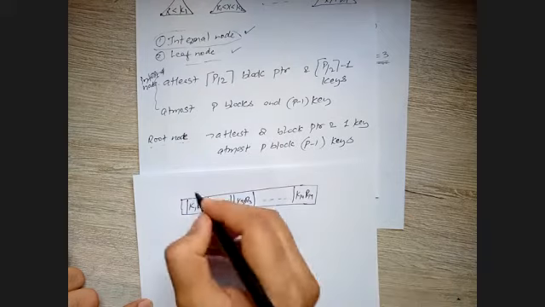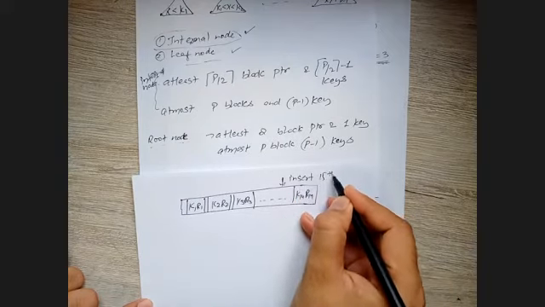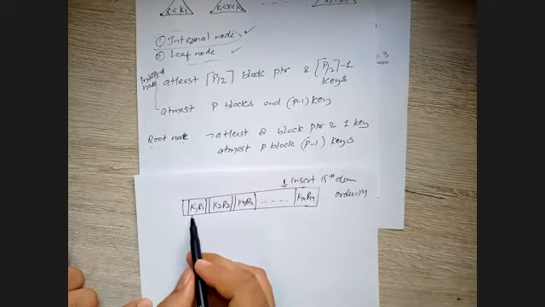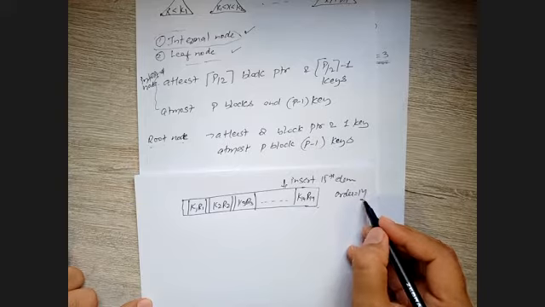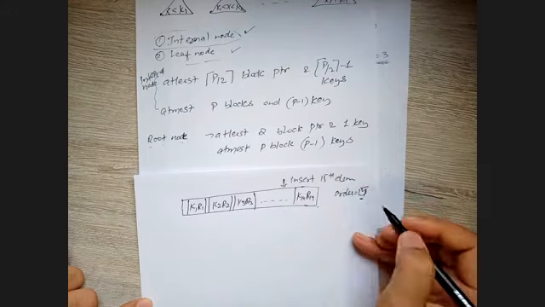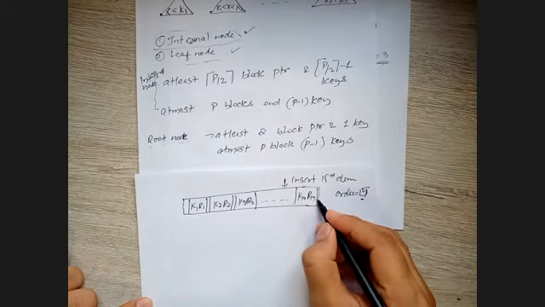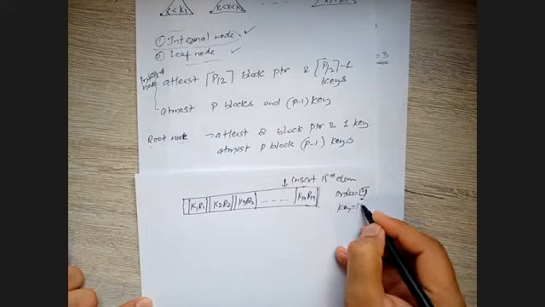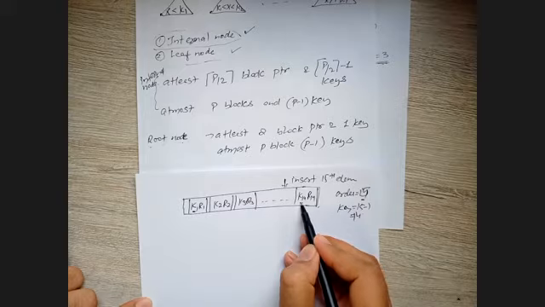If we want to insert the 15th element, let's say our order is 15, which means in a node we can have at most 15 block pointers, but the keys will be 15 minus 1, that is 14. So from K1 to K14 you have accommodated.